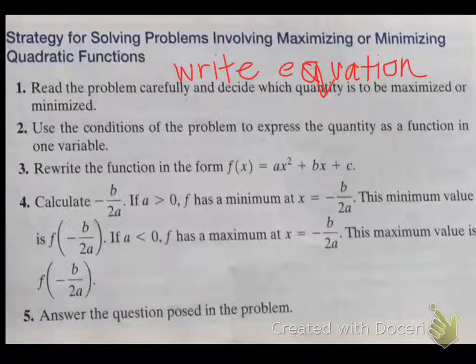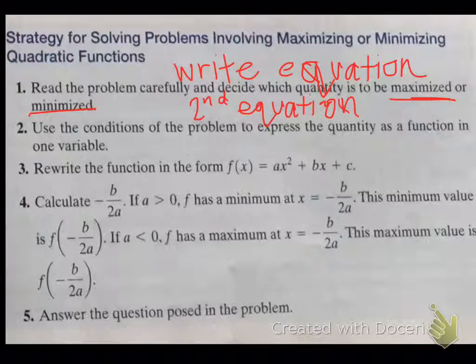So you're going to write an equation based on the information that's given, and then a second equation on what is actually trying to be maximized or minimized. So based on the information, you'll be able to write one equation. Then we're going to solve that first equation for x, and then substitute it in.